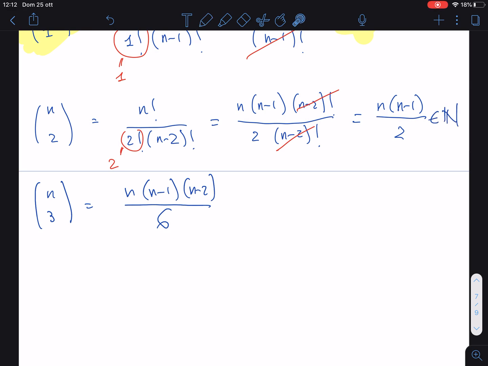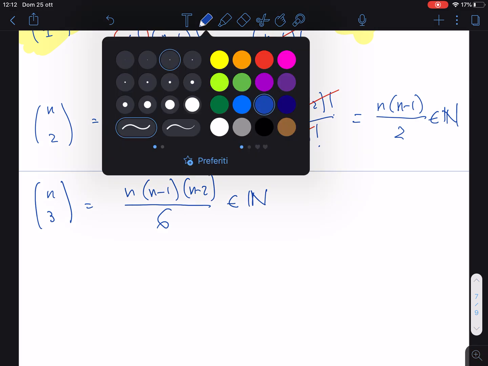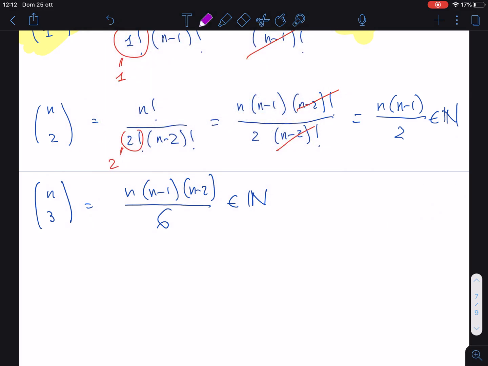The same appears here. Here you have 6. So you must have at the numerator, in order to have a natural number at the end, a number which is divisible by 2 and a number which is divisible by 3. But of course here you have 3 consecutive numbers. So at least one will be divisible by 2, and exactly one will be divisible by 3. So this is a natural number too. So the message is that (n choose k) with k between 0 and n is always a natural number.